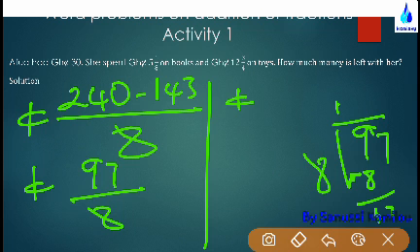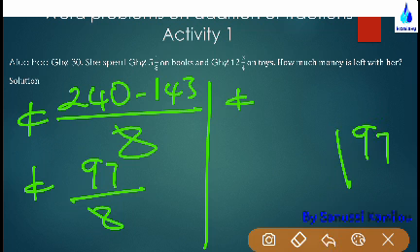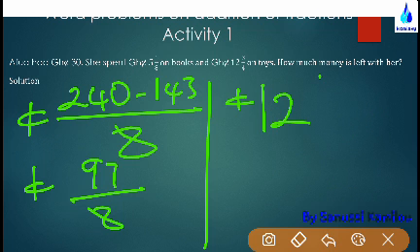It will go how many times? I hope you are saying 2 times. 2 times 8 will give us 16. So you can see that we are having a remainder 1, because you will do 17 minus 16. So our final answer will be 12 whole number 1 over 8.